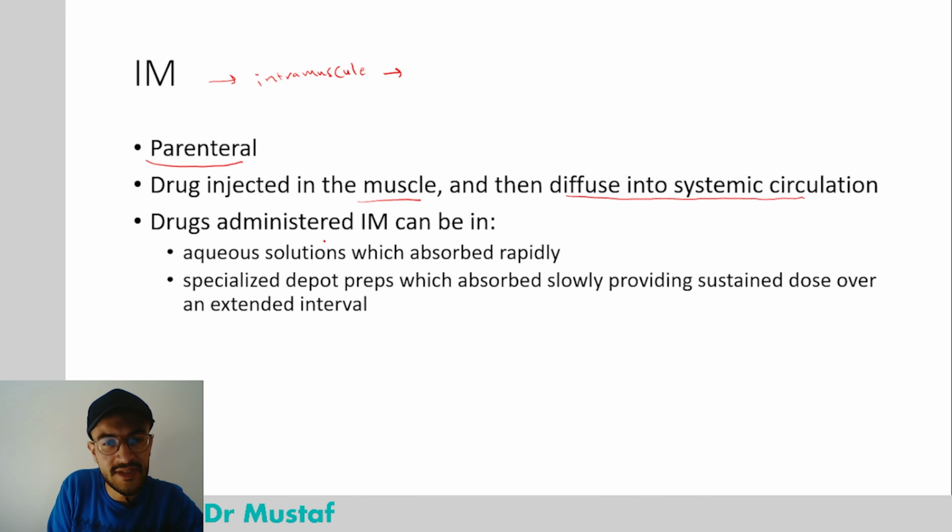The drugs administered intramuscularly can be either in aqueous solutions or in specialized depot preparations. Aqueous solutions are absorbed rapidly. The specialized depot preparations are absorbed slowly, providing a sustained dose over an extended interval.